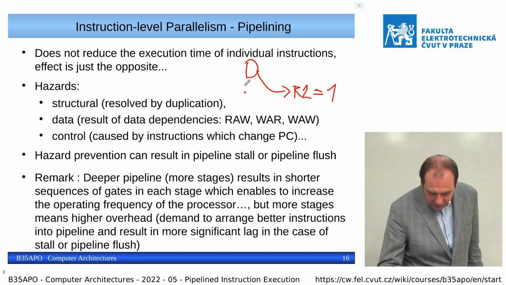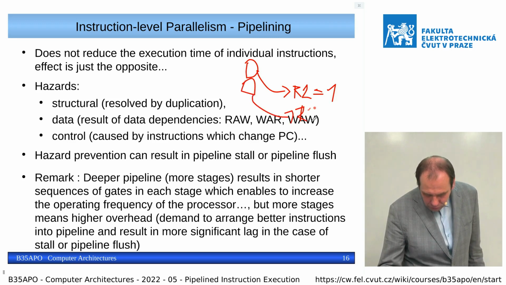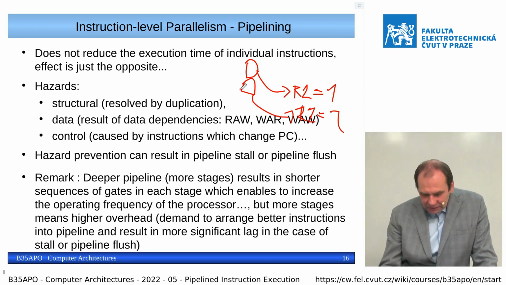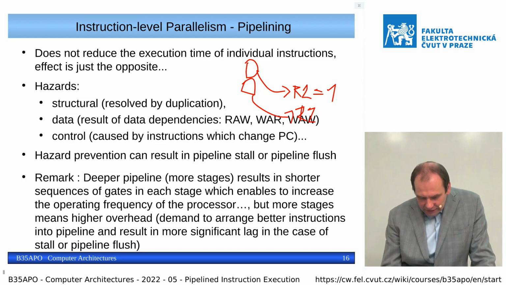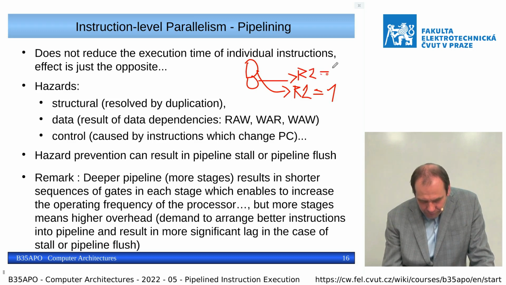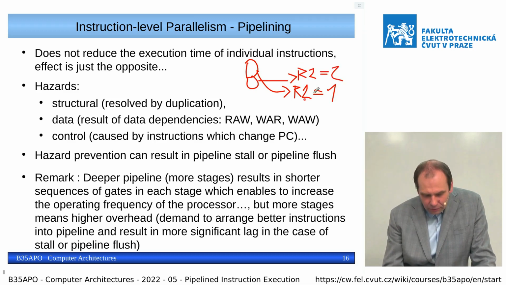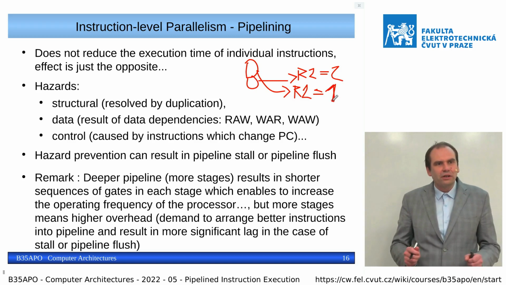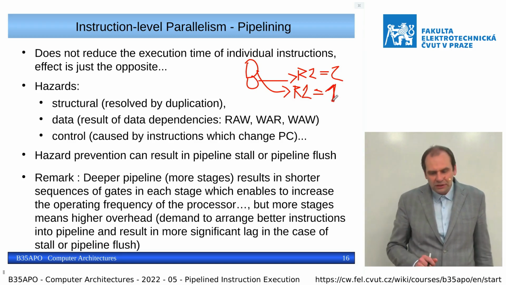The second instruction should set R2 to 2. But if this second instruction is executed earlier than the first one, it sets R2 to 2, but later R2 is rewritten by the 1. So you see that an incorrect result is stored as the final value in the register.